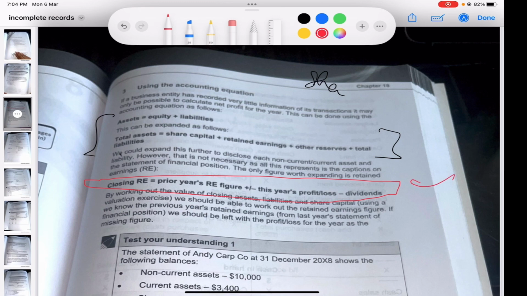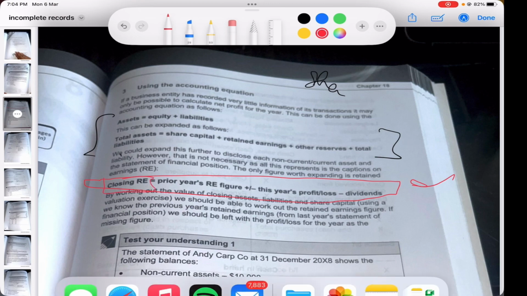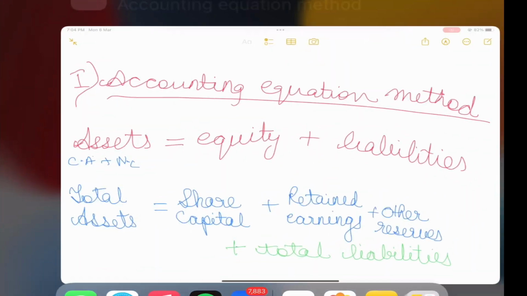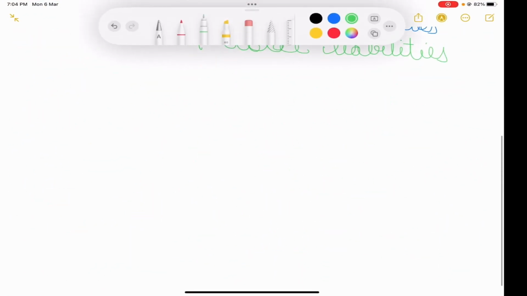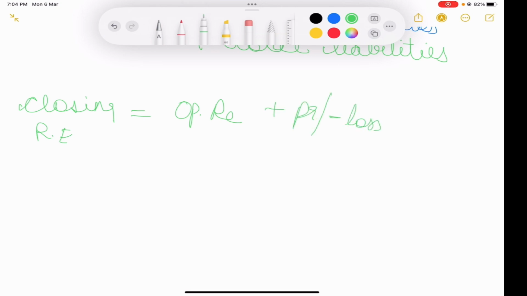So by doing that, we'll come to the closing retained earnings. This was easy. I didn't discuss it because I thought this was basic, but I'll just write it for your clarity. So closing retained earnings would be opening retained earnings plus profit or minus loss, alright, minus dividends, whatever we are distributing, and then we'll be left with the closing retained earnings.